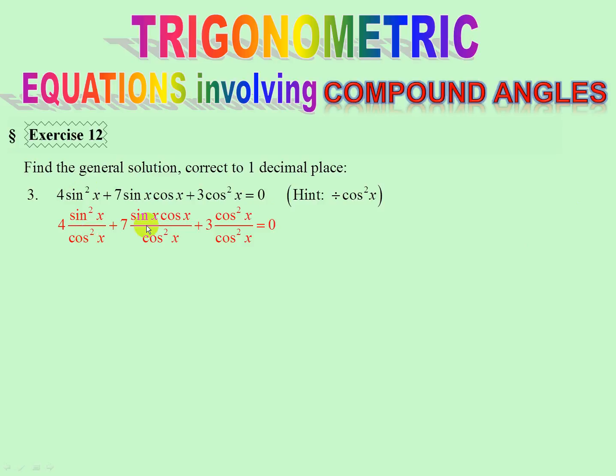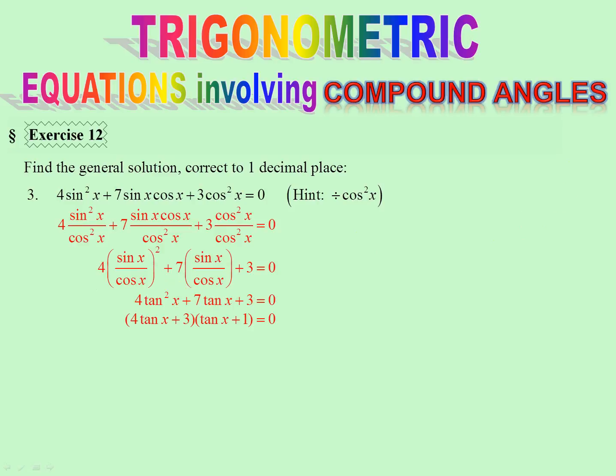That rings a bell. Sine cos over cos squared. Well, the cos cancels with one of these, giving you sine over cos, and cos squared cancels. Yes, it gives you 4 times sine over cos, all squared, plus 7 times sine over cos, plus 3. Sine over cos is tan. So 4 tan squared x plus 7 tan x plus 3.